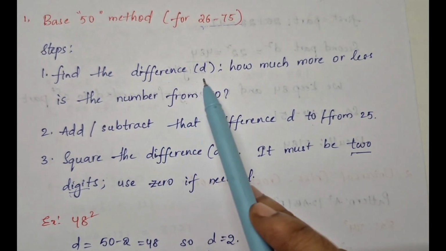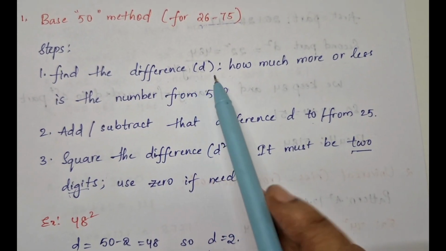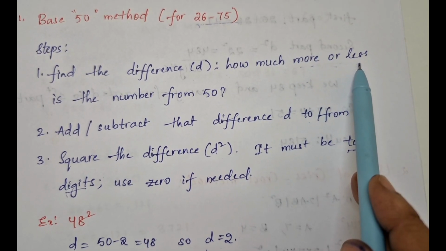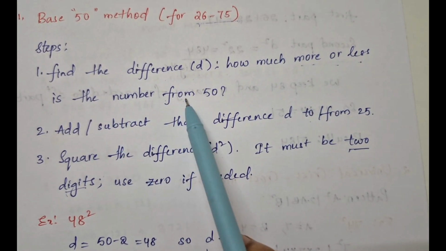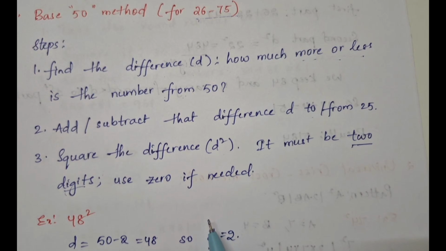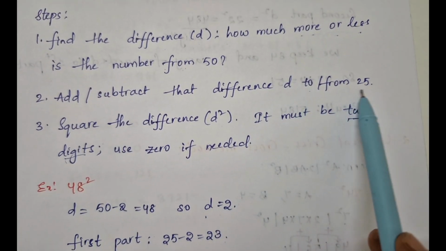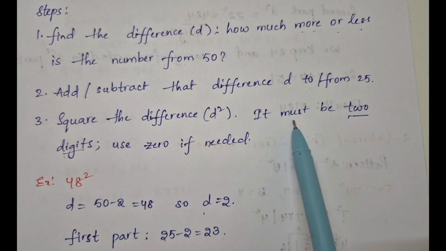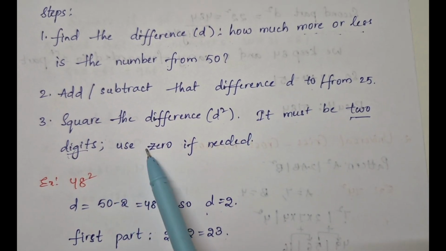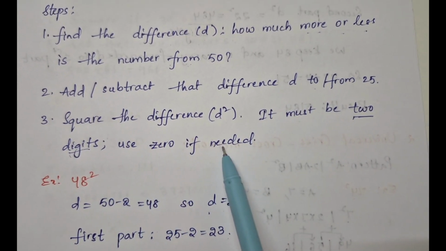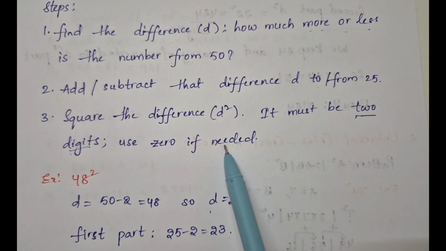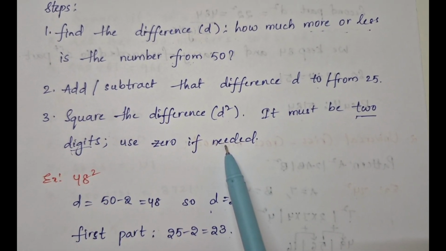First, the difference: how much the given number is more or less than 50. Then we add or subtract the difference from 25, and we square the difference, and it must be 2 digits. If it is only 1 digit like 4 or 9, we keep a 0 before the 4 or before the 9.